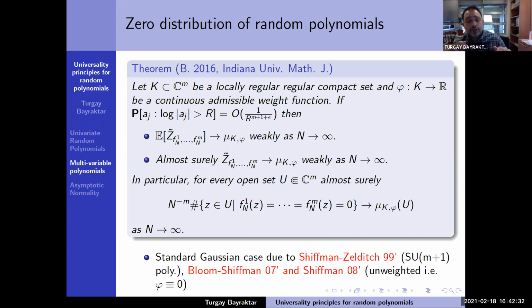But in higher dimensions, we have some other problems that do not arise in dimension 1, like we need to ensure that the zero loci intersect properly. Also, the proof of this theorem uses the theory of positive closed currents, and it's done by induction on the dimension.